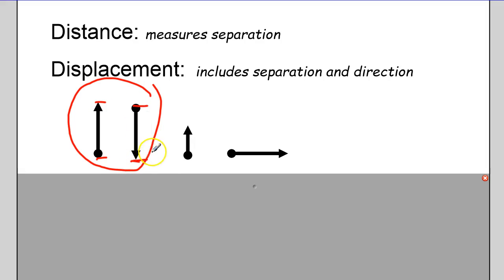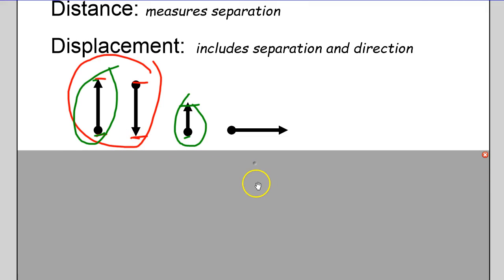They have the same length, but they don't have the same direction, so these two arrows have different displacements. If I take a look at this arrow and compare it with this arrow, these two arrows have the same direction, but obviously the distance from the head to the tail is different, so they also have different displacements. So all of these arrows have different displacements, even though a pair may have the same direction, or a pair may have the same separation.